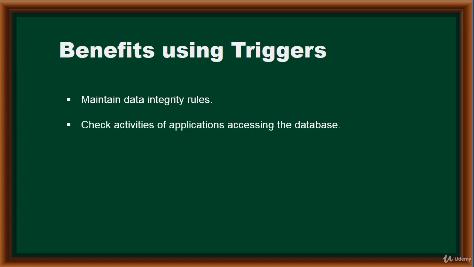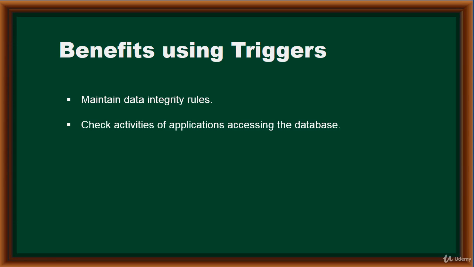Triggers are useful in case the database is accessed by various applications and you want to keep the cross-functionality within the database, which runs automatically when the data of the table is modified.